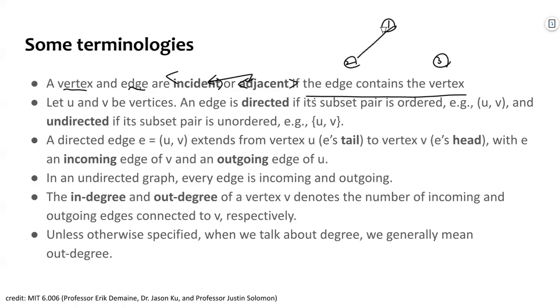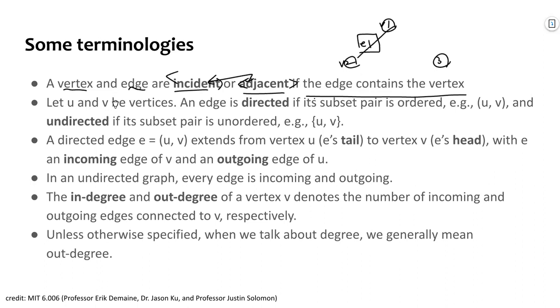And there is one edge between node 1 and node 2. And let's say this edge is E1. And we say vertex 1 and vertex 2 are adjacent or incident. And at the same time, we say E1 and vertex 2 are adjacent or incident. So that is what incident and adjacent mean.